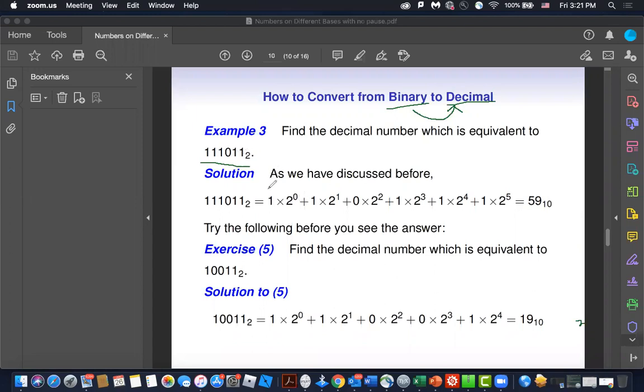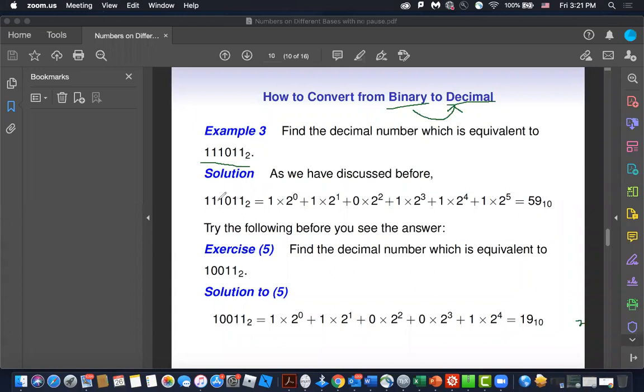Like the 1 on the very right, you multiply it by 2 to the 0. And when you shift left by 1, you do 1 times 2 to the 1. And 0 times 2 to the 3rd. And you keep going, you can see each time the power of 2 increases by 1. At the very end, you total them, and you get the decimal value.